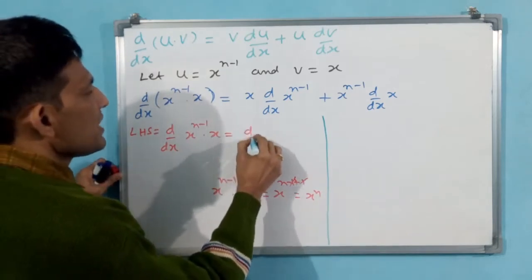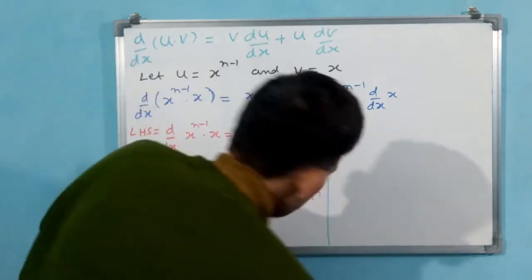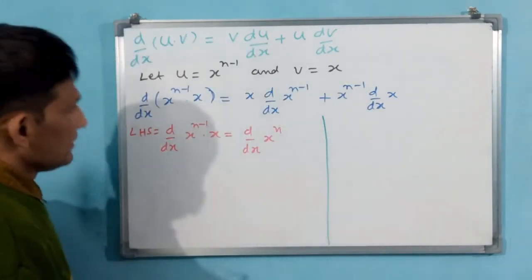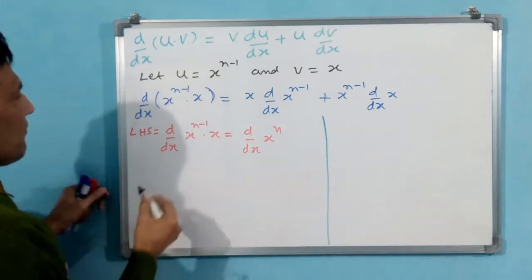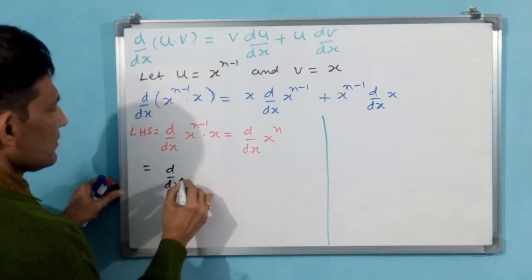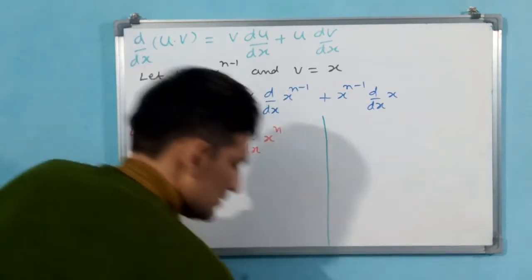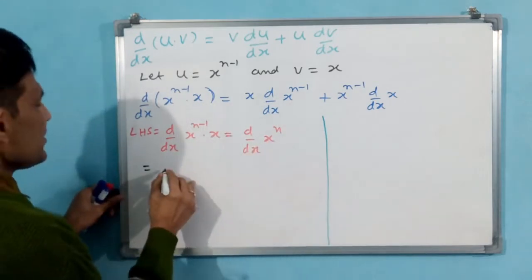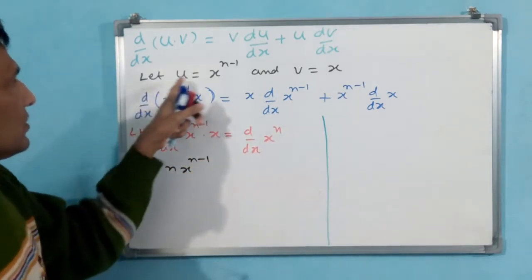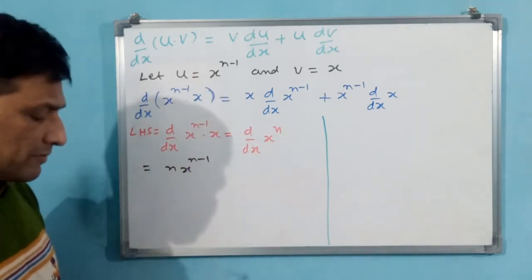Then write d by dx of x power n. The derivative of x power n you know very well, we know that it is n into x power n minus 1. Now LHS has come: n into x power n minus 1.